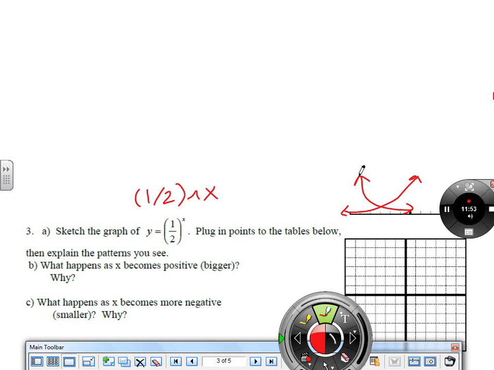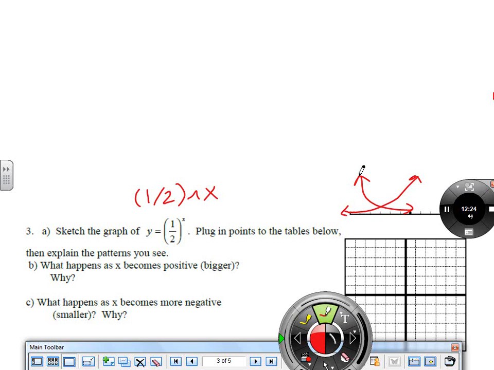So before, when we had a nice number 2, when we started to attach a negative exponent to it, it got smaller because we were taking the 2 and flipping it over, and it's like we were using 1/2. But now that we're starting with 1/2, if you attach a negative exponent to 1/2, that negative is going to take the reciprocal of 1/2, and it's really going to be like you're using a base of 2. Okay, so that's why the negative powers are getting bigger, because they're raising 2 to a power after they flip it over instead of 1/2 to a power.